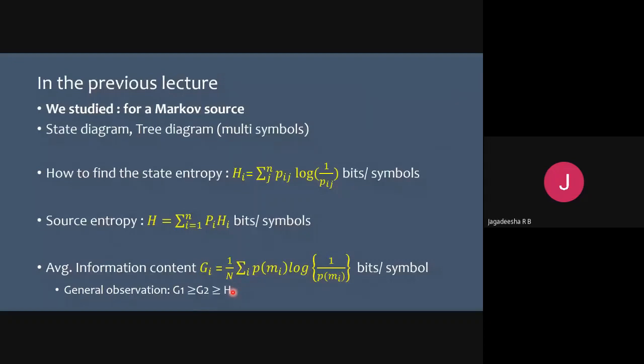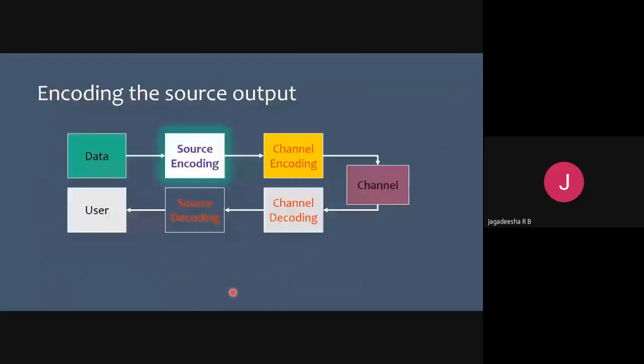In today's lecture, we will be seeing the source encoding process. If you remember, in the first class, I mentioned to you that data is generated from different sources, maybe a camera generating multiple photos, or a video source generating multiple videos, or a teletypewriter generating different symbols or messages, a person speaking different sentences, and so on.